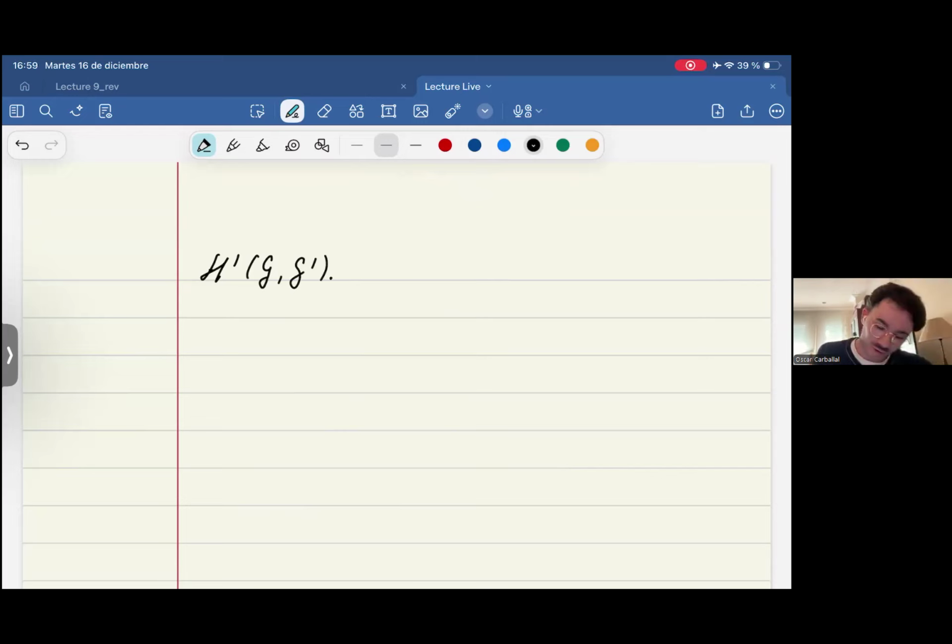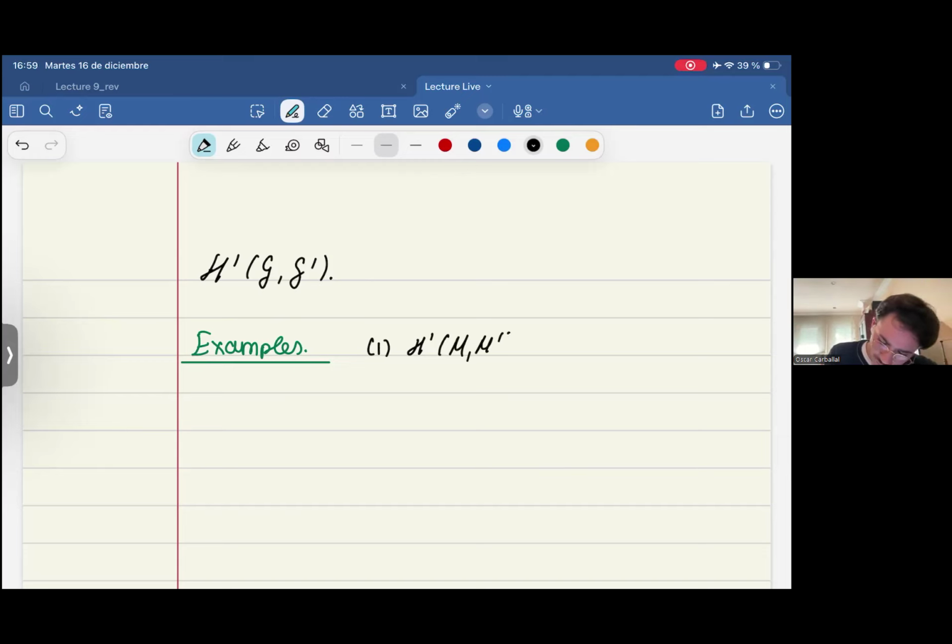So some examples. Whenever we have two manifolds M and M prime, the set of generalized maps is the set of smooth maps, so morphisms in the category of manifolds from M to M prime, right?